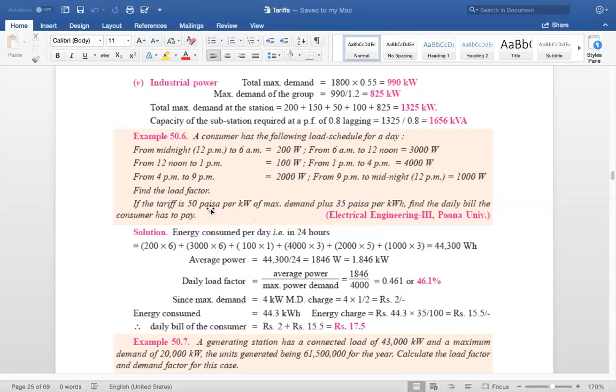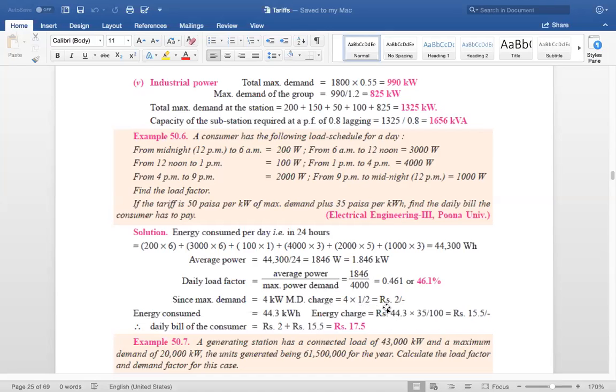And the maximum demand was 4,000. So that gives us 0.461. So since the maximum demand is 4 kilowatt, the maximum demand charge is 4 times half.